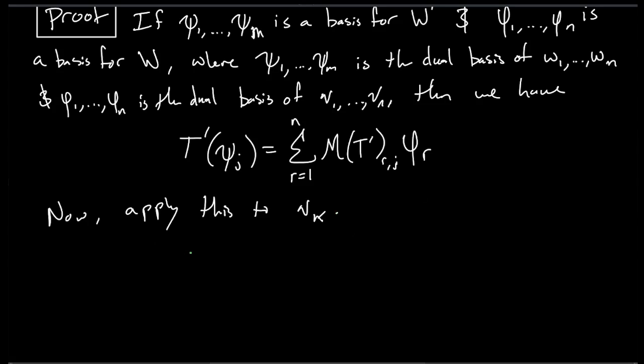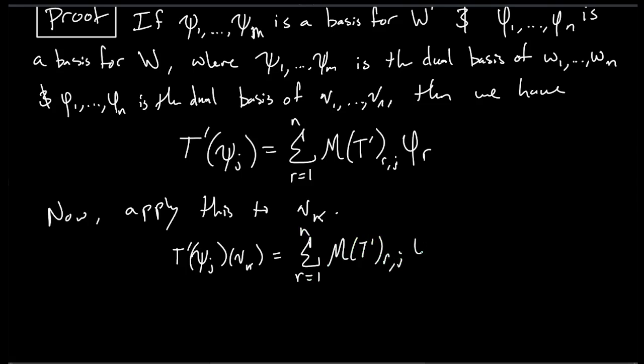So we've got T prime of psi j applied to Vk. Well, this is equal to the sum from r equals 1 to n of the matrix of T prime, rj, phi r applied to Vk.